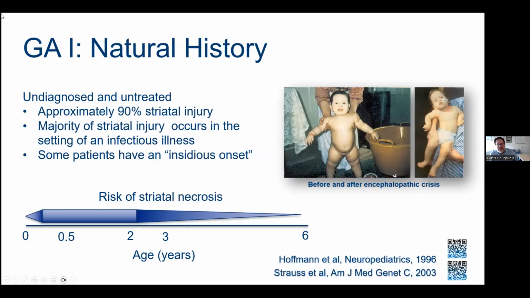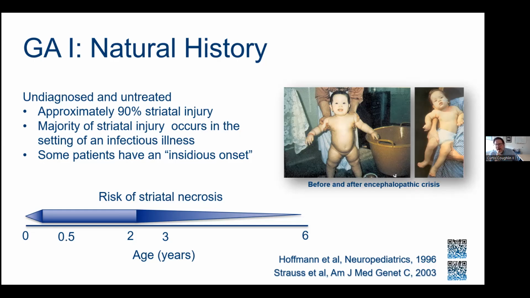So, the natural history of GA1. Before we had newborn screening for this disease, about 90 to 95%, depending on which paper you read, of patients who were undiagnosed ended up with a striatal injury in the first few months up to 6 years of life.